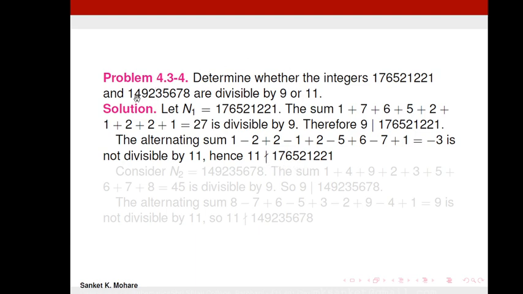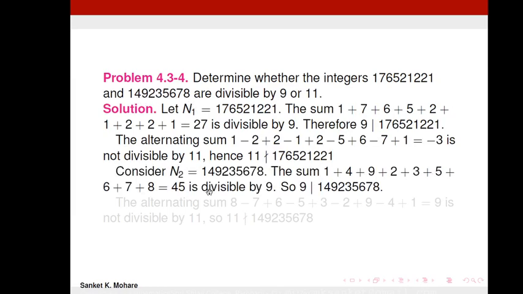Now consider n_2, the second integer, and write the sum. The sum is 1 + 4 + 9 + 2 + 3 + 5 + 6 + 7 + 8, which is equal to 45, and 45 is divisible by 9. That's why 9 divides the second integer.